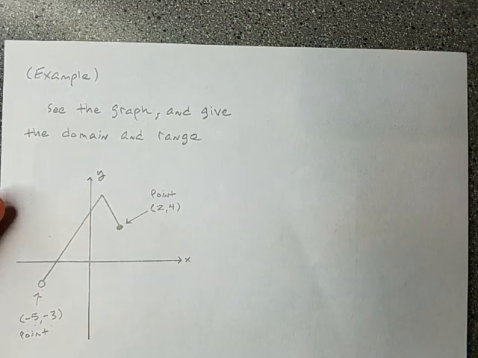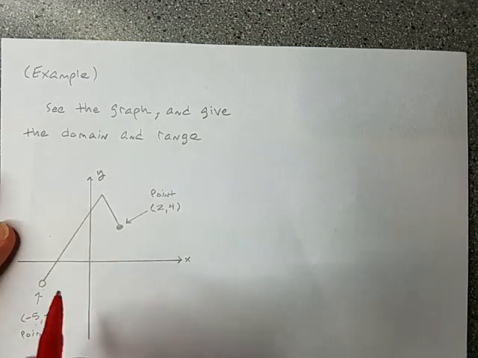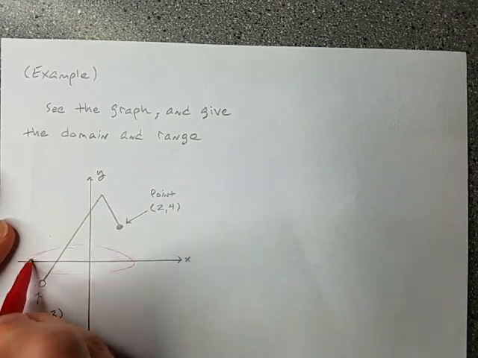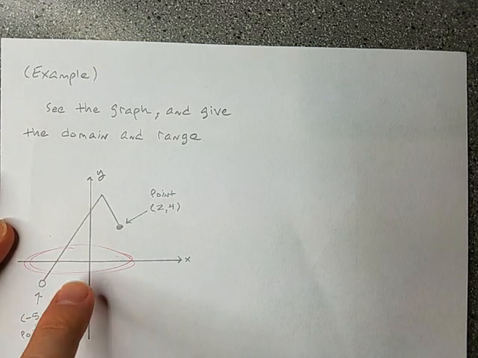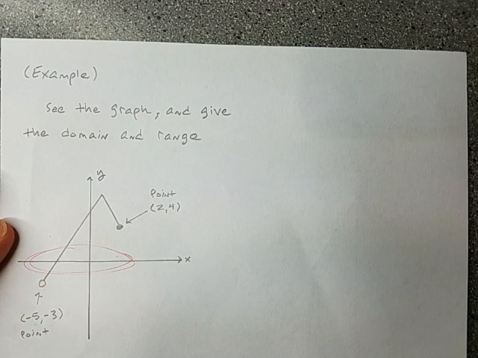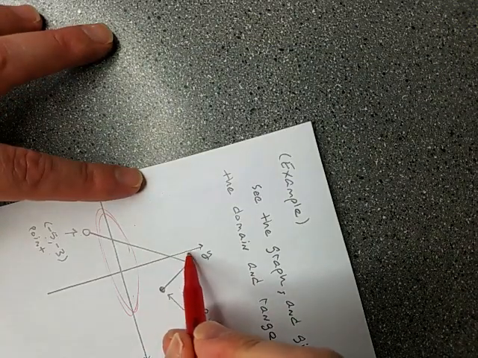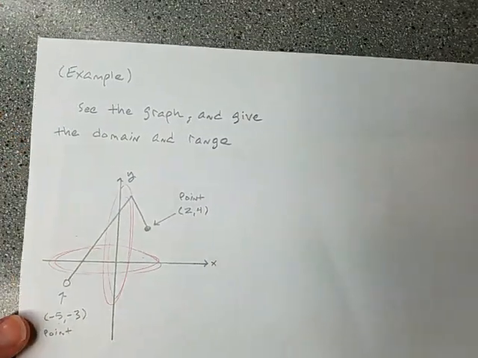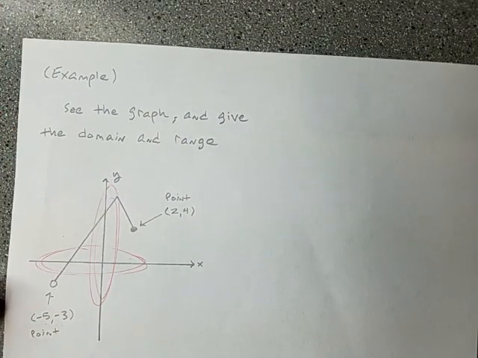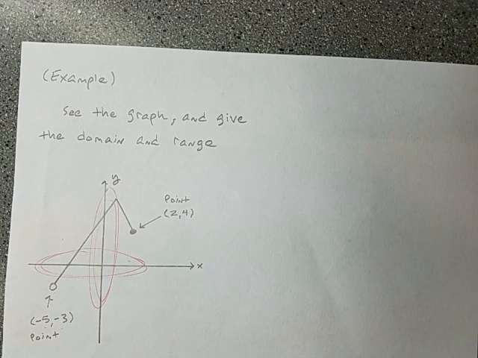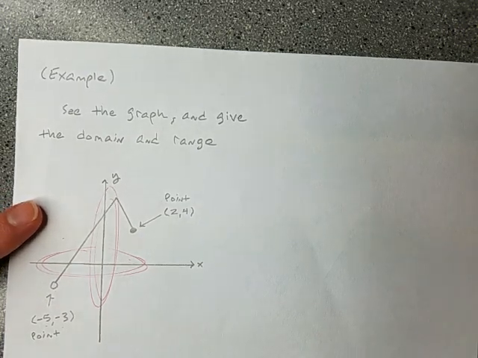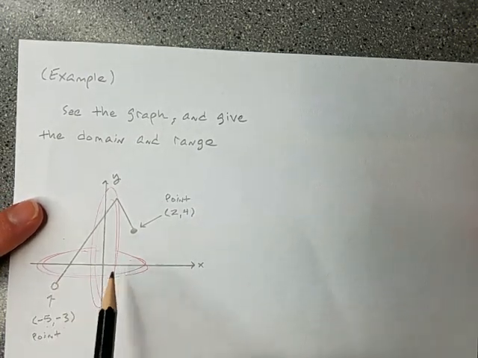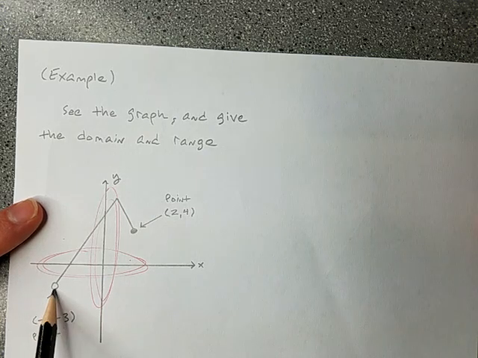Well, I can see it. When I look at this, I feel like I can see that here's the domain, because that's the span along the x-axis, and then here's the range, right? Just roughly. I feel like I can see it, but how do I communicate it? How do I write it down? Well, it spans the x-axis from, where was this point?